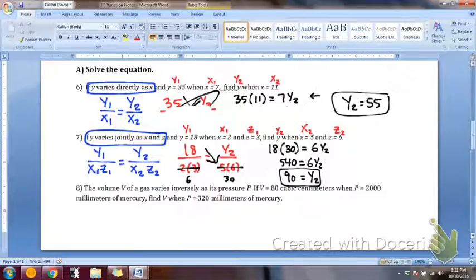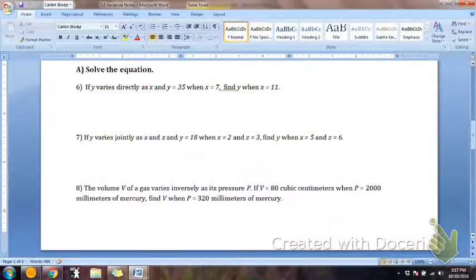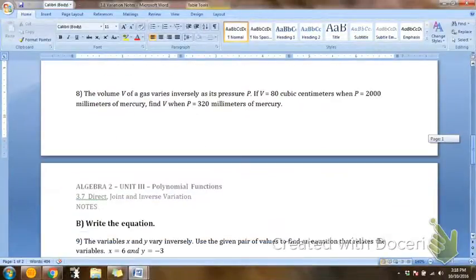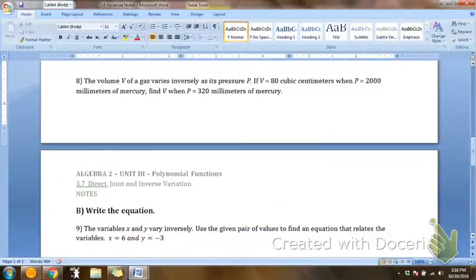All right. Number 8. The volume V of gas varies inversely as its pressure. So one of the things that I would do first before I continue reading is I know that volume varies inversely as pressure. That's the direction.